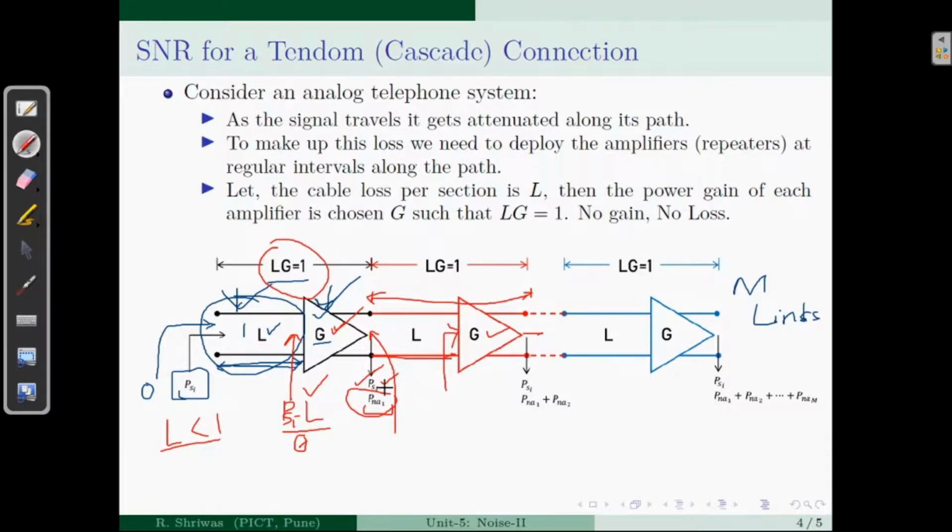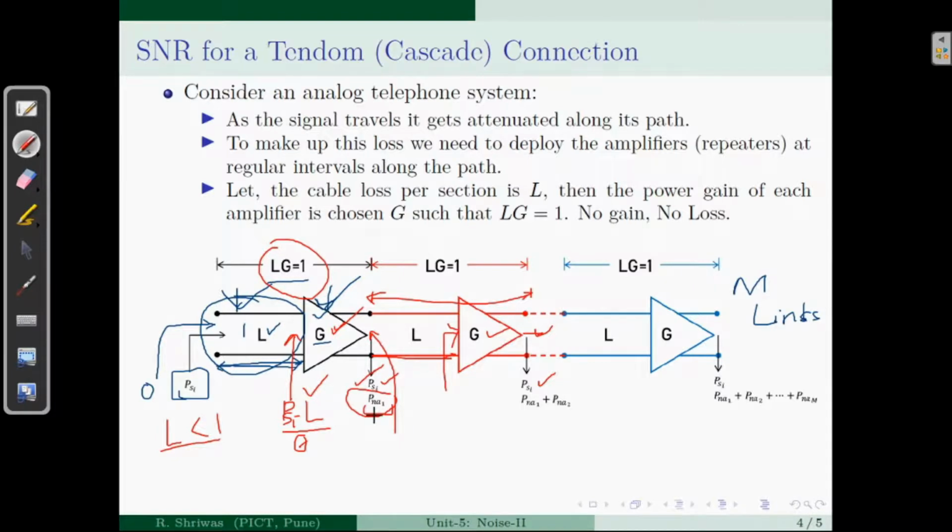So again PSI gets multiplied with L, multiplied with G. Since LG is equal to 1, the signal power remains the same. So you can see the signal power does not change after each link. But let's see what happens to the noise.